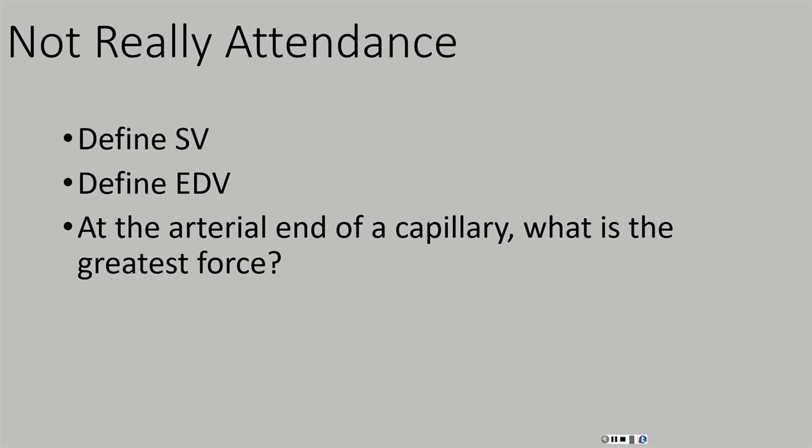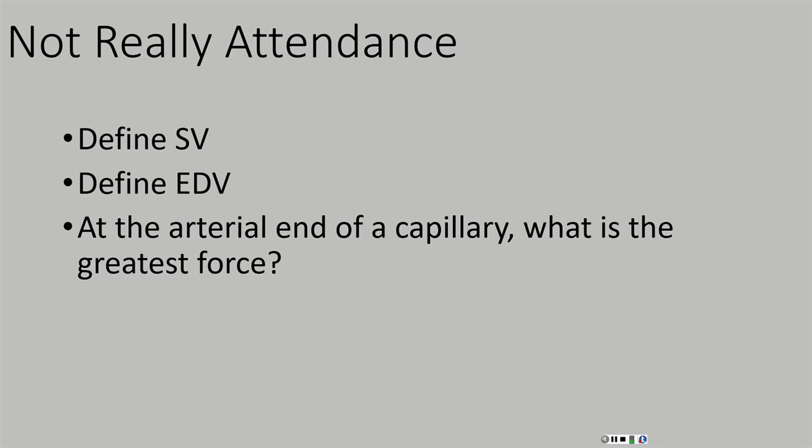Next, define end diastolic volume. End diastolic volume, just what that phrase actually means, is the volume at the end of diastole, specifically the volume of blood in a ventricle at the end of ventricular diastole.